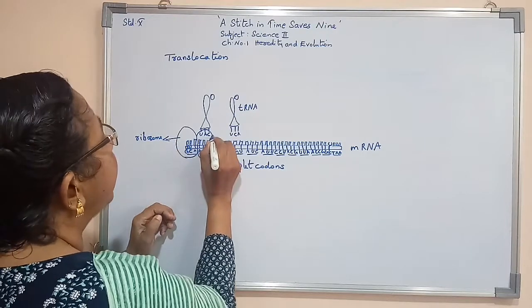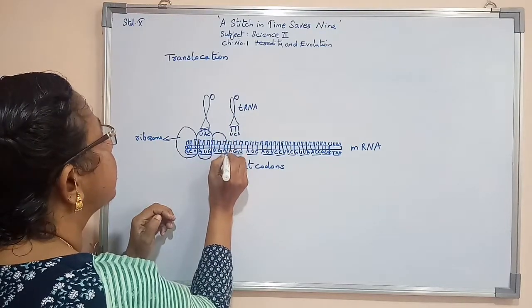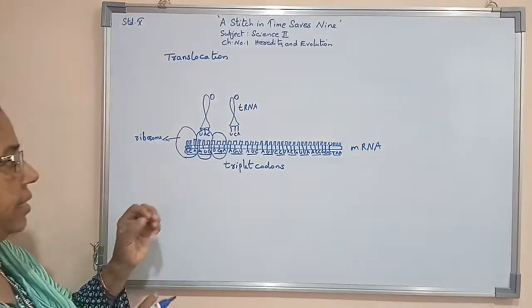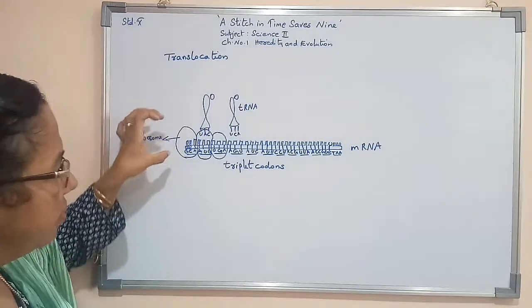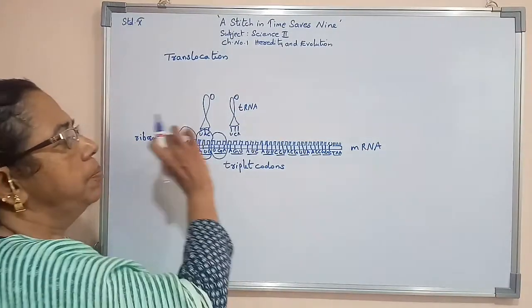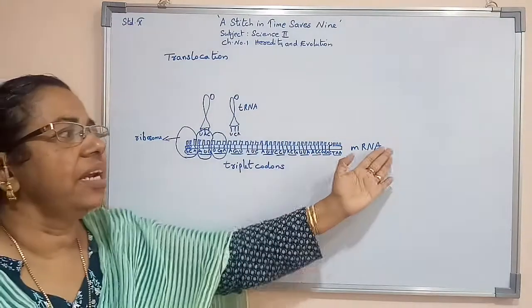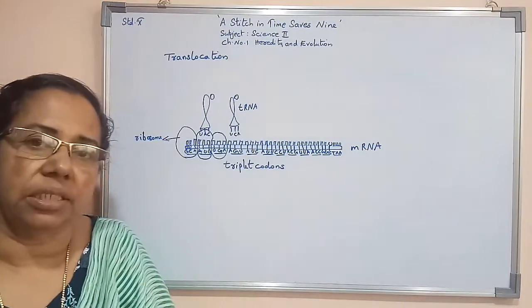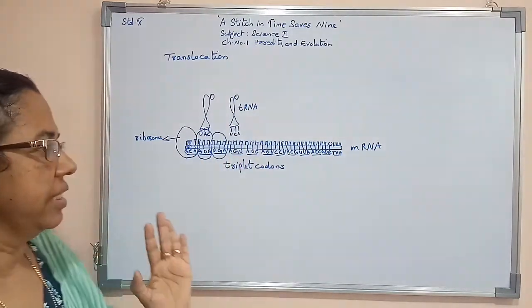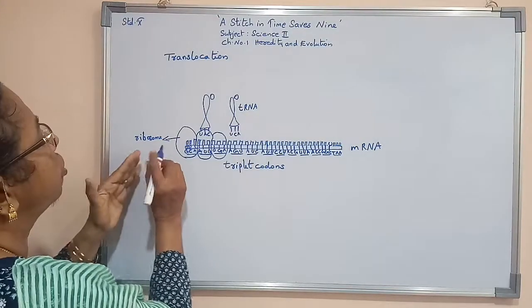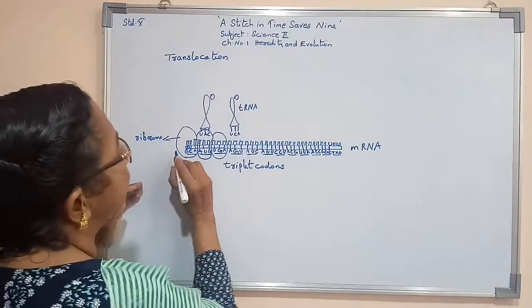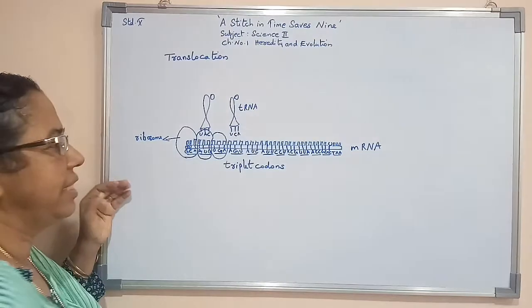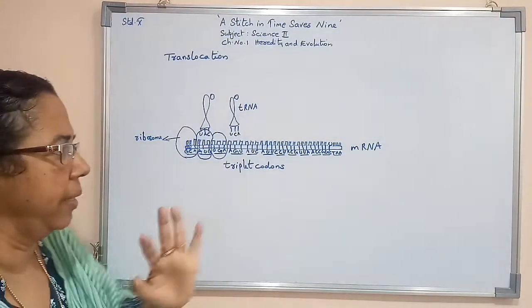Again it moves, and again it reaches up to here. Like that. So during protein synthesis, which is the function of messenger RNA, this ribosome moves from one end to the other end of messenger RNA or mRNA.